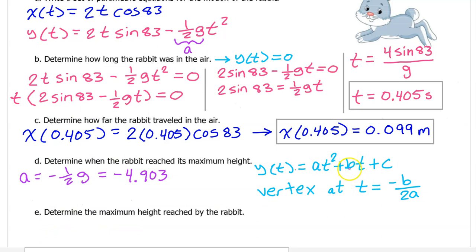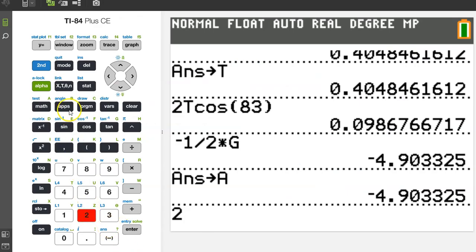Meanwhile, the b value is the coefficient of the t. So here's t right here. The coefficient is going to include the 2 and the sine 83. So b will equal 2 sine 83.